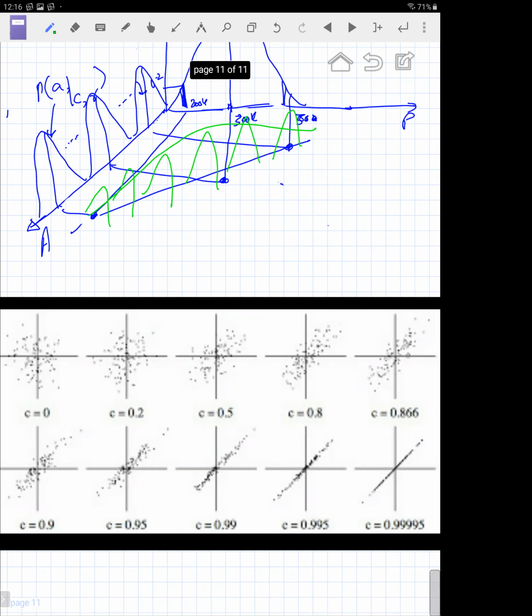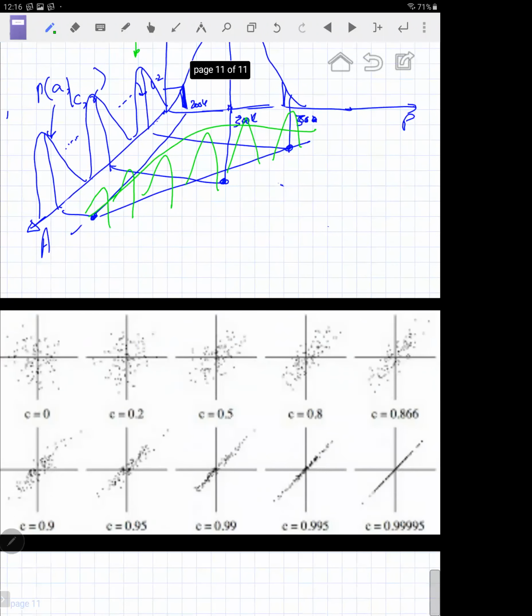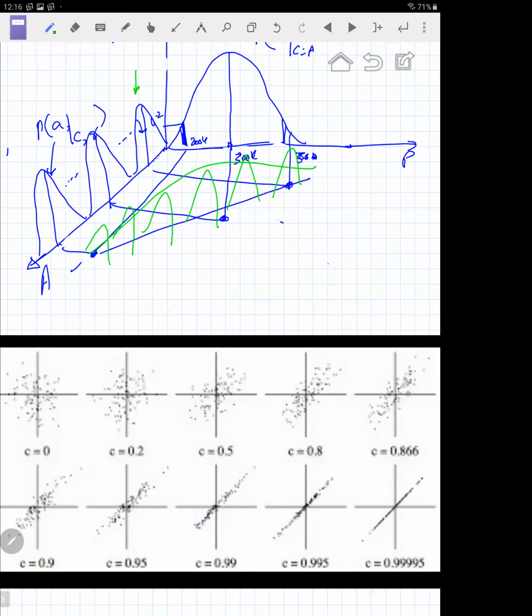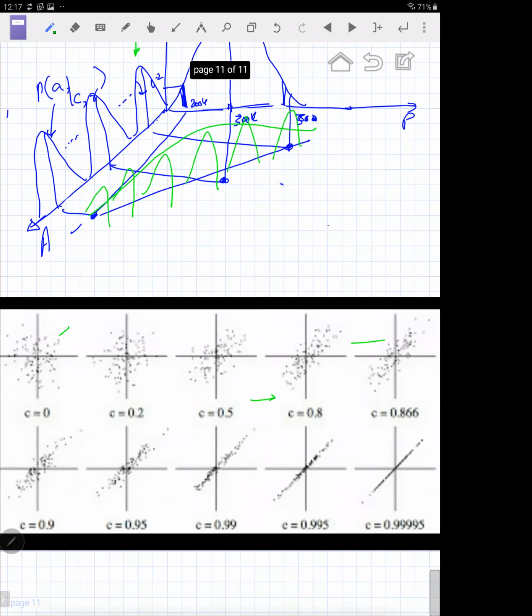Now what happens in the extreme case? Before we go to the extreme case, as you have more and more correlated data, the circle starts skewing along a line that represents how much your correlation is.